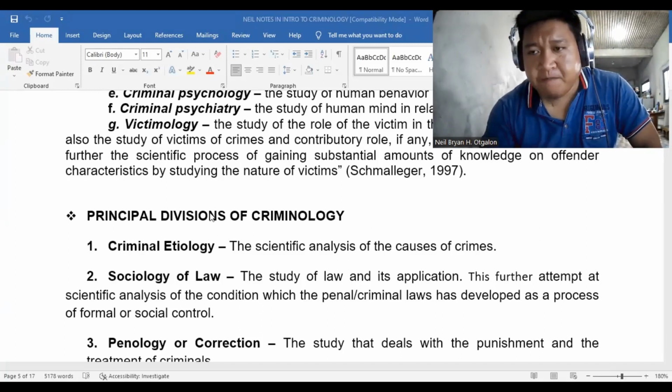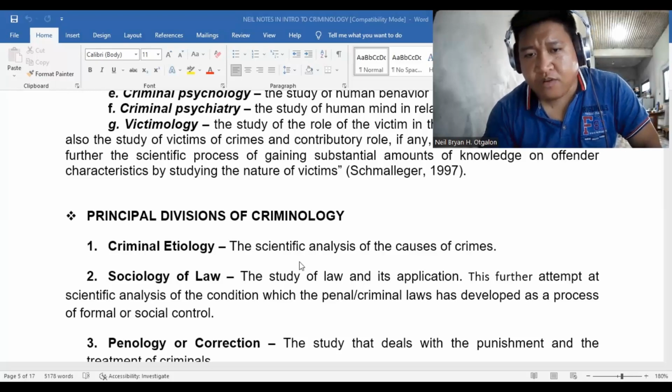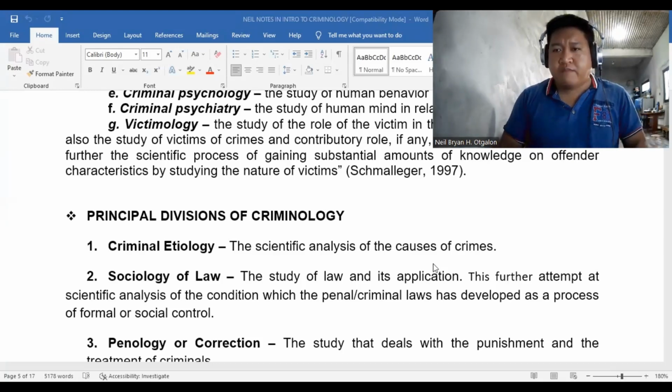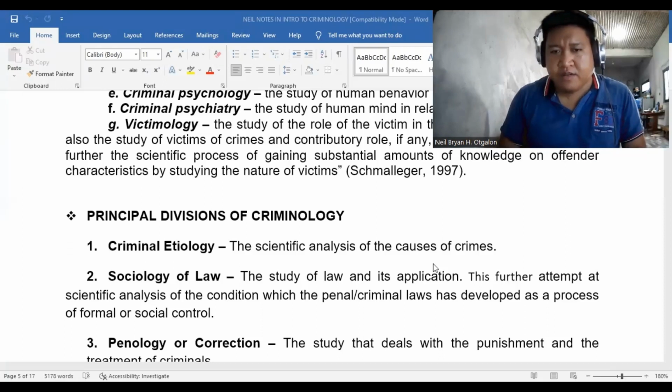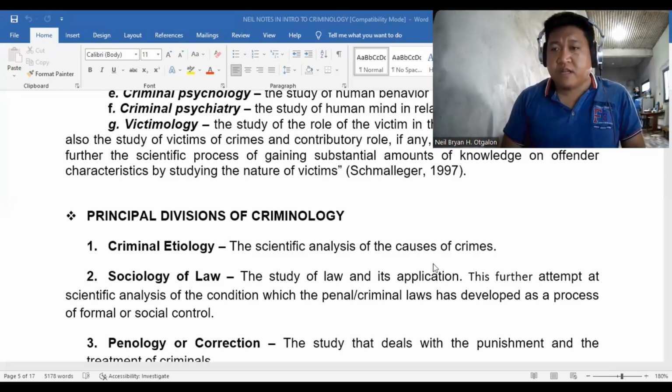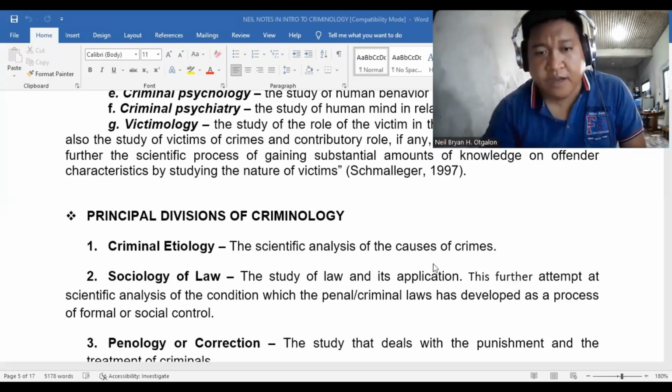the breaking of law, no? So when you study the cause of crime, you study why people commit the crime, why people break the law, then what you're doing is that is a division of criminology known as criminal etiology. Okay?